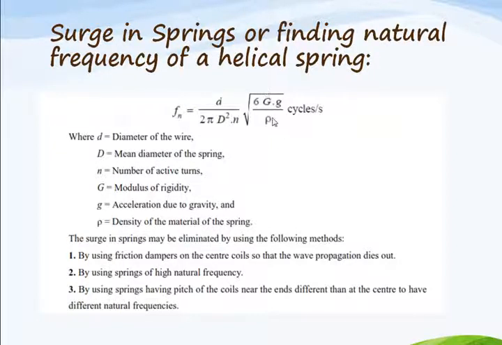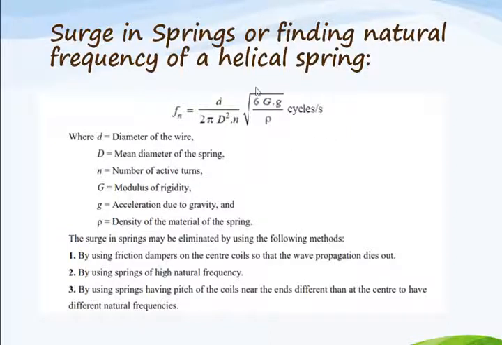In a similar way, if the natural frequency of the spring equals the vibrations in that spring, then the spring will fail. For finding out this natural frequency, we need to use this relation, Fn is equal to d by 2 pi D square into N into root over 6 g G by rho. This natural frequency we are finding out for the spring.